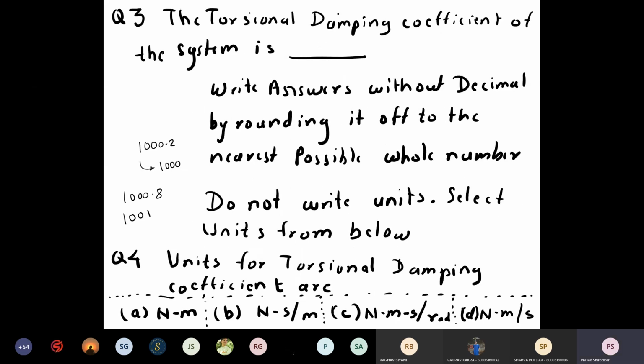Question 4, you have to write the units for the torsional damping coefficient.